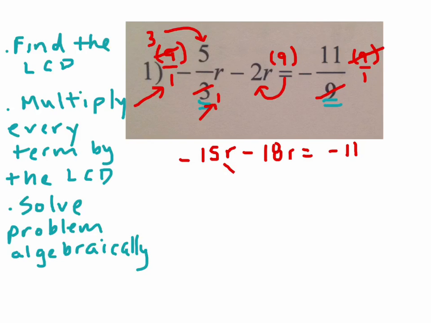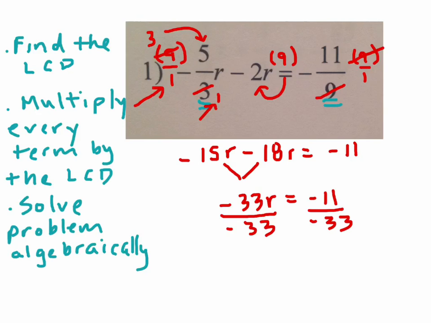Negative 15r minus 18r is a negative 33r, equal to negative 11. In order to solve that, we're going to divide both sides by negative 33, which gives us 1 positive r, which is equal to 1/3. And that is the answer to the first problem in today's assignment.